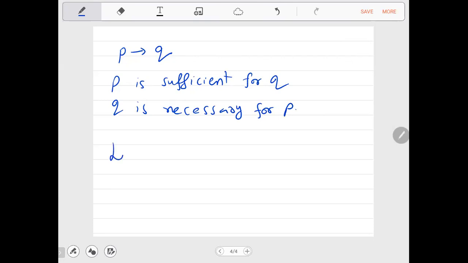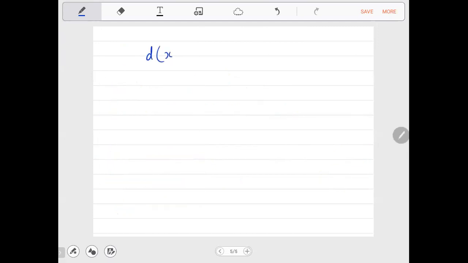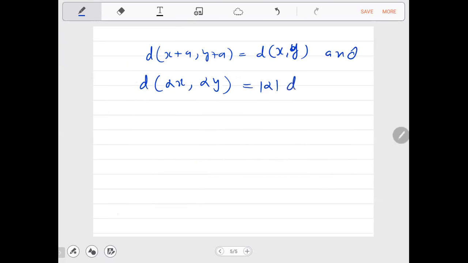So here in the lemma, if a metric d is induced by a norm on a norm space X, then it satisfies d(x+a, y+a) equal to d(x,y) and d(alpha x, alpha y) equal to the absolute value of alpha times d(x,y), for all x, y, a in X and scalar alpha.